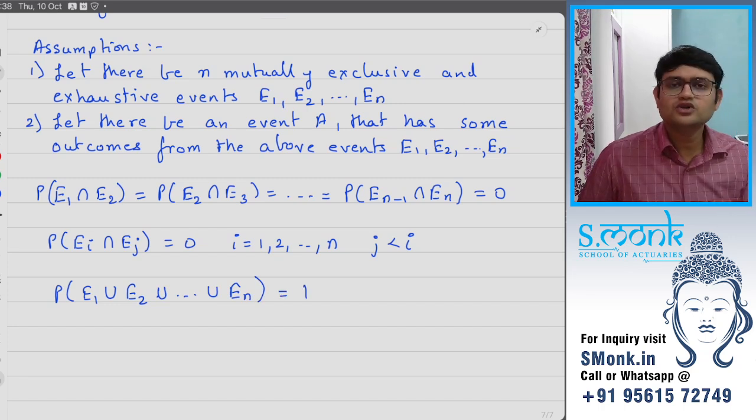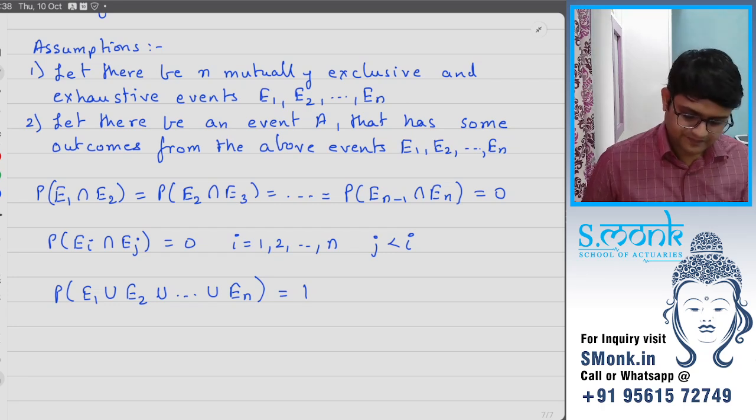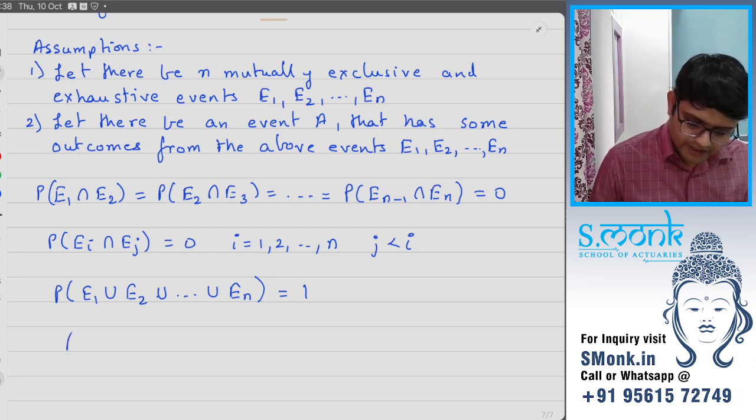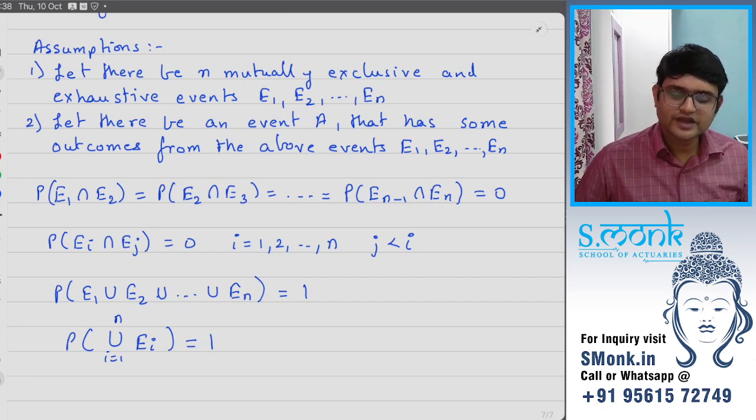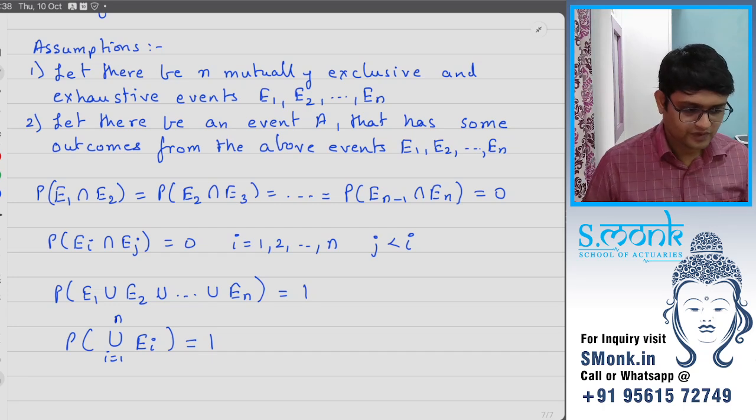They make up the whole universal set. Or you can write this as union I going from 1 to n Ei will be equal to 1, similar to summation. If we had additions we would have written summation. We can write union or intersection in the same way.